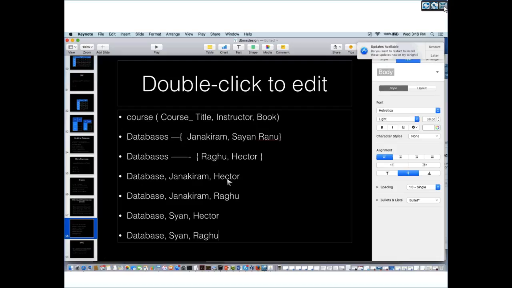In this particular case, course title to instructor is a multi-value dependency. Course title to book is a multi-value dependency, an MVD. So an MVD has to be treated differently. Once you have an MVD, the left side of the MVD has to be a super key for it to get the normal form. It's no longer functional dependency. It's a multi-value dependency. Okay?